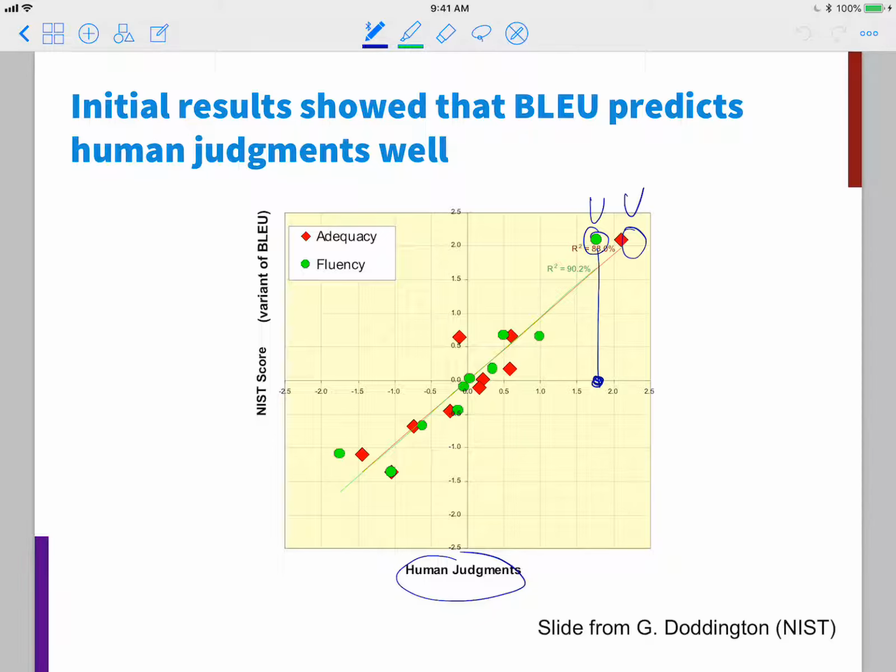So 7 means it's highly adequate or fluent.